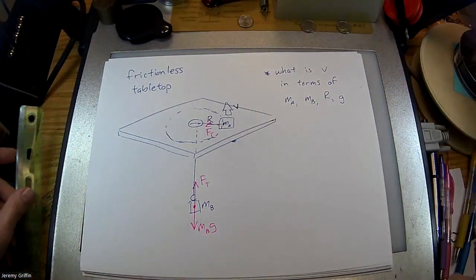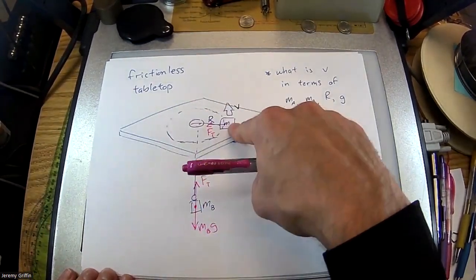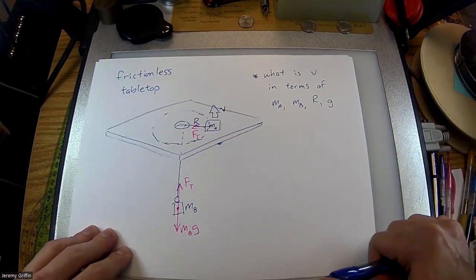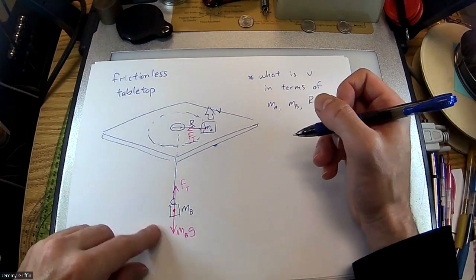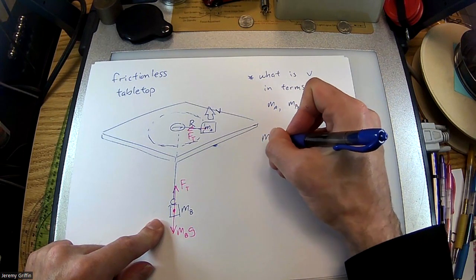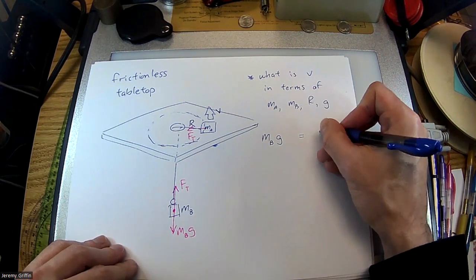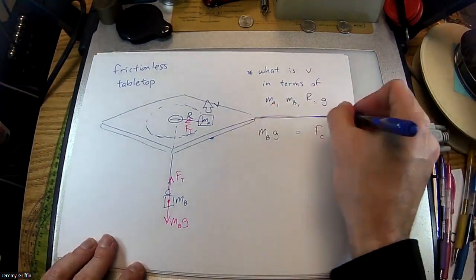And that tension force is acting as the centripetal force on this top block. So that's ultimately equivalent to the hanging weight down here. So the hanging weight is equivalent to the tension, which is acting as the centripetal force, right?